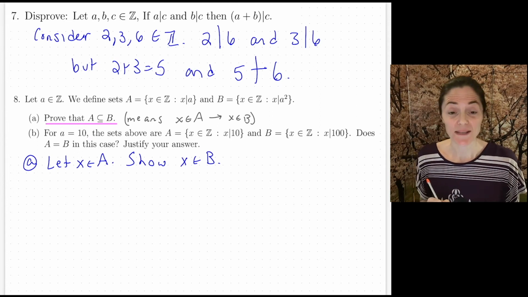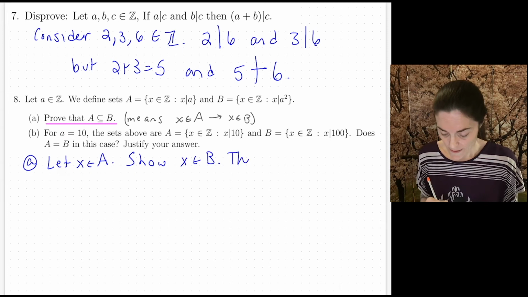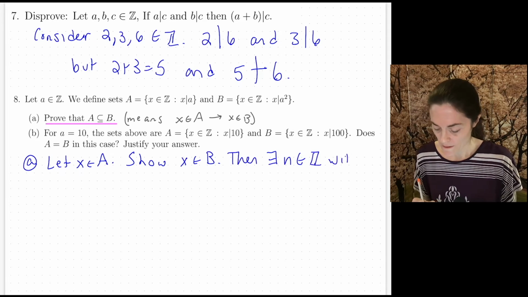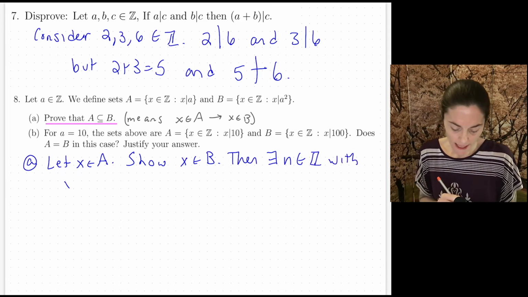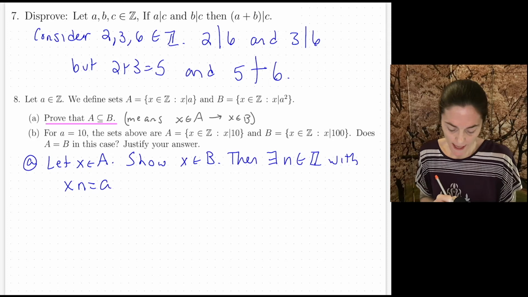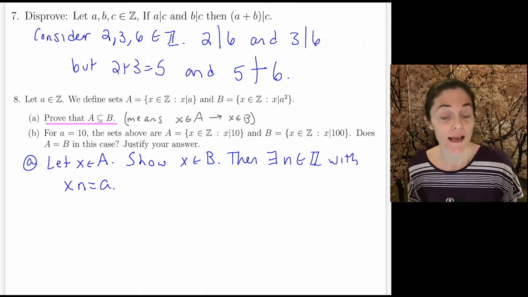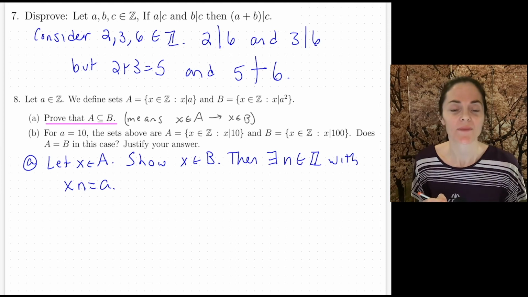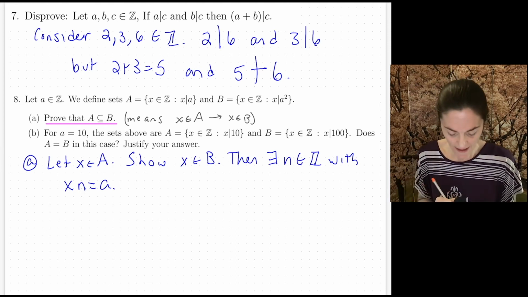Okay, what does it mean to be an element of A? It says there exists some n in the integers with x divides a, so xn equals a. Now I want x divides a squared. Let's just multiply both sides by a.